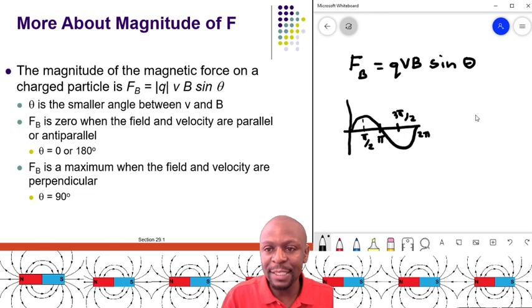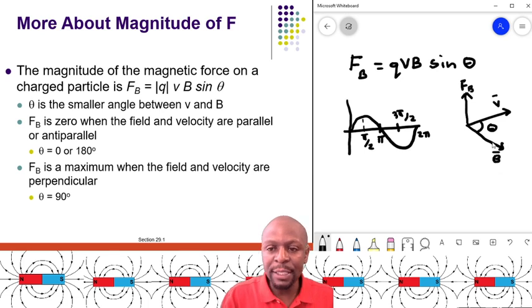This theta is just the angle between the velocity vector and the magnetic field vector B. And the magnetic force will always be perpendicular to both the velocity and the magnetic field.